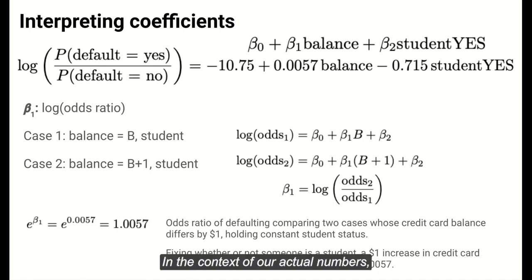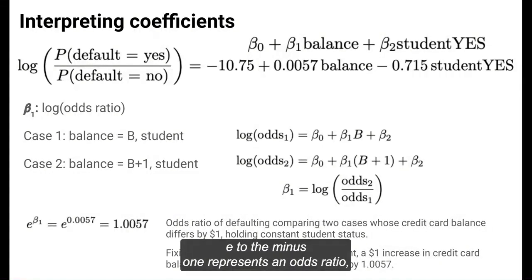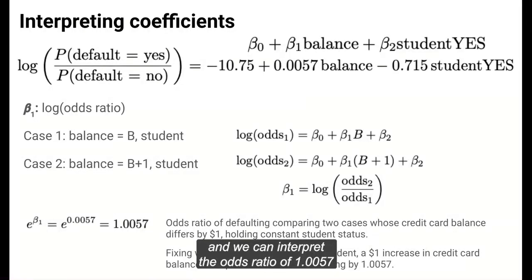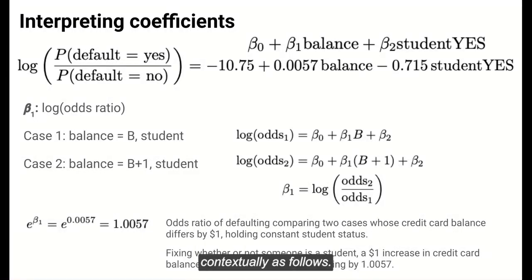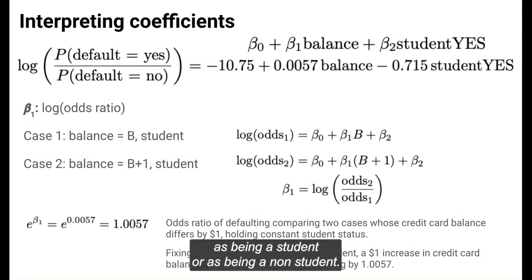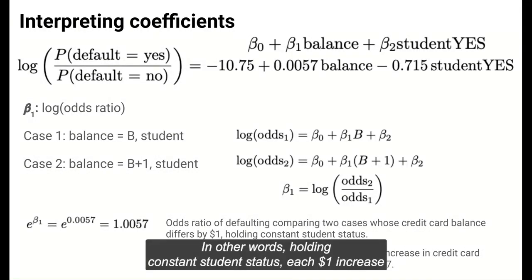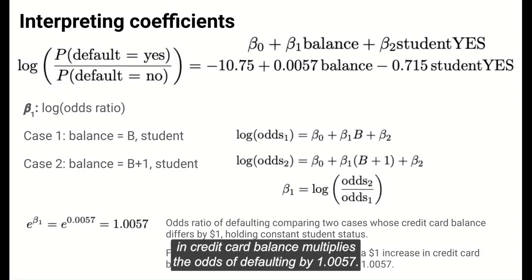In the context of our actual numbers, e to the beta 1 represents an odds ratio, and we can interpret the odds ratio of 1.0057 contextually as follows. Among people with the same status as being a student, or as being a non-student, in other words, holding constant student status, each $1 increase in credit card balance multiplies the odds of defaulting by 1.0057.